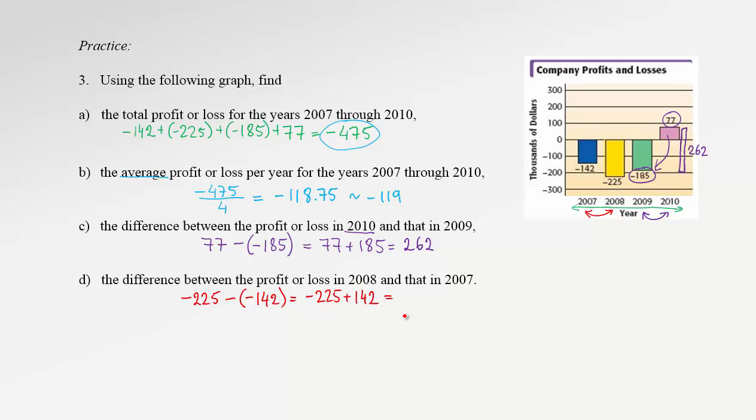Using a calculator, that becomes negative $83,000. What does it mean? Well, that means that the company performance worsened. It lost $83,000 from 2007 to 2008.